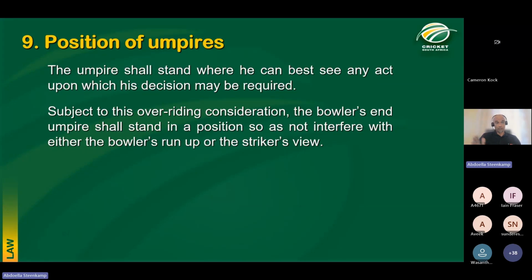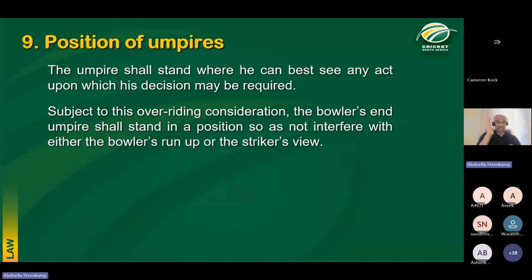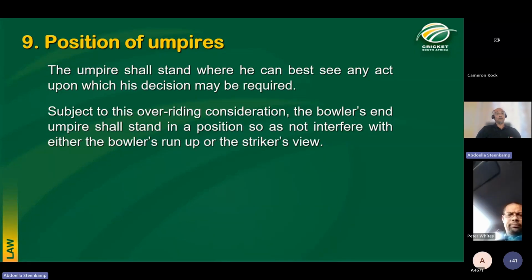That's why we take a position directly behind the stumps. That's why one of the important duties of the umpires before the game starts, we call it, umpires need to line up. The two umpires, we need to get ourselves directly behind the stumps. Important pre-match duty of the umpire.